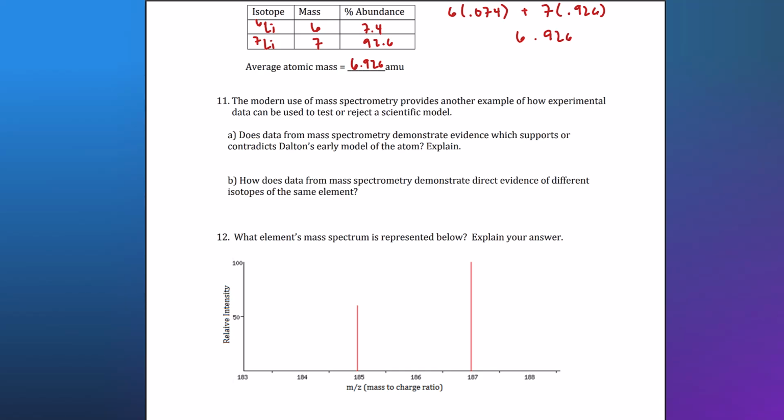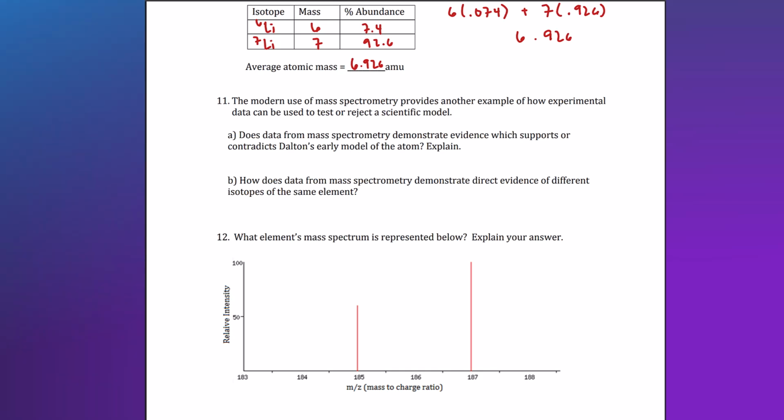Now we know that that's not quite true, but it gave us a really early theory about the atom, and it helped us build the periodic table. But mass spec actually contradicts this for the simple reason that atoms of the same element can have different masses. If his early model was true, all atoms of the same element would be exactly the same and have the exact same masses.